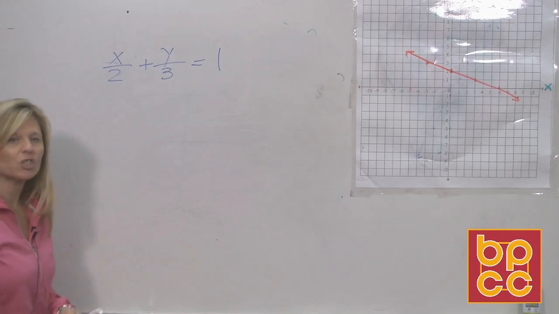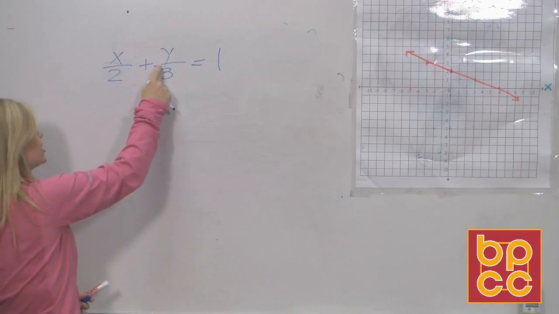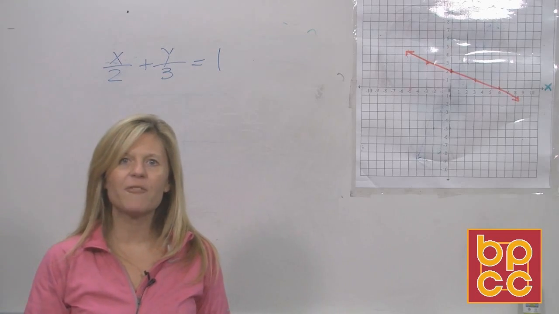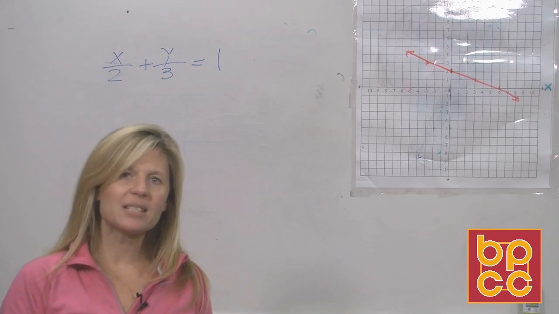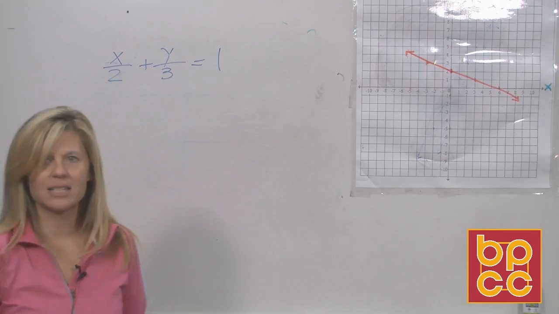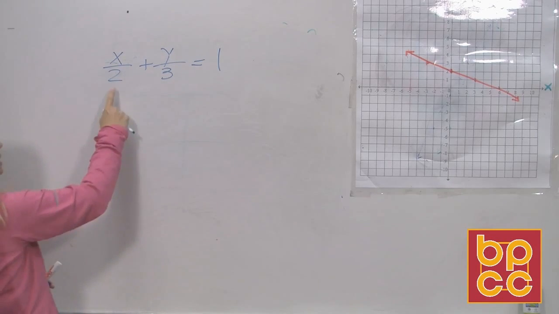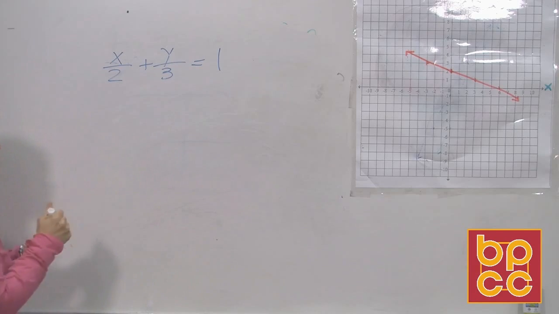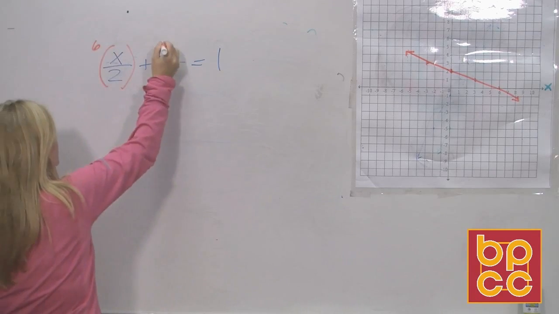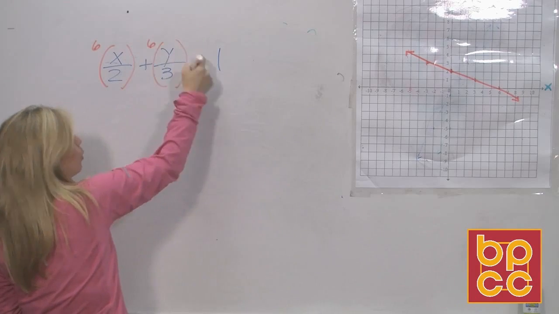We do multiplication because this is divide, this is divide. To get rid of it, you multiply. But you can't multiply by different numbers. You got to multiply by the same number. What was that called? Very good, the LCD. So what's the least common denominator of 2 and 3? It's 6. So we're going to multiply by 6. We got to balance it.